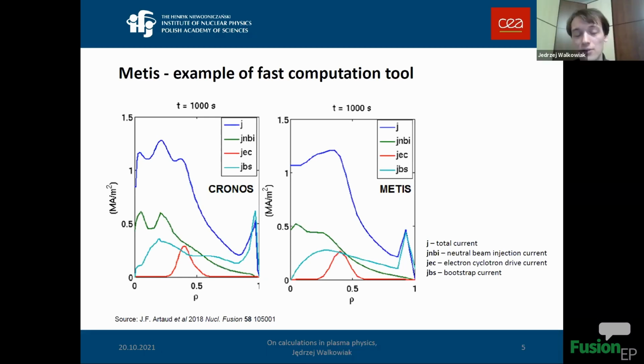I'm not sure, because Metis in fact includes a few models. I think that when they write about a 1.5D model, it is related to the fact that it's a 1D model closed in the toroidal loop.